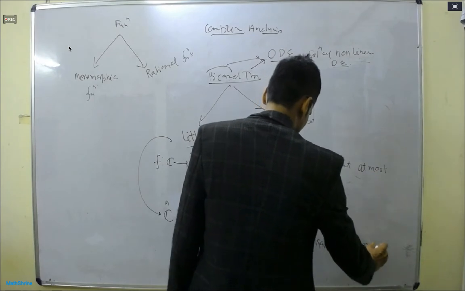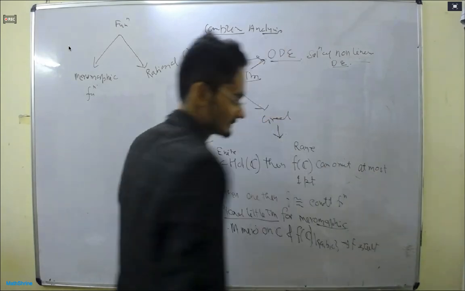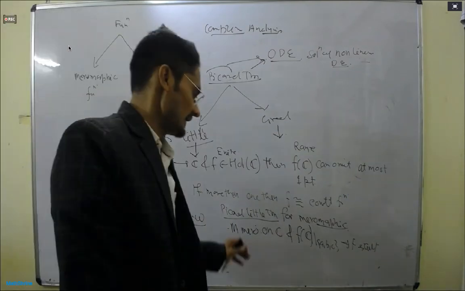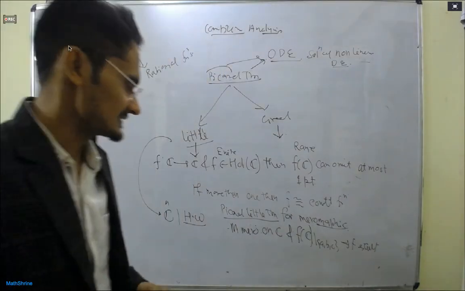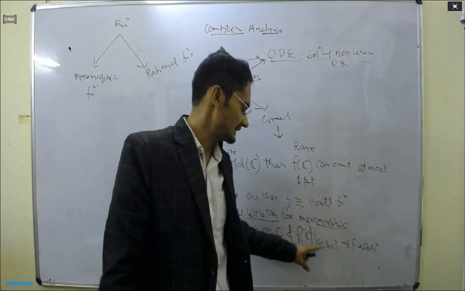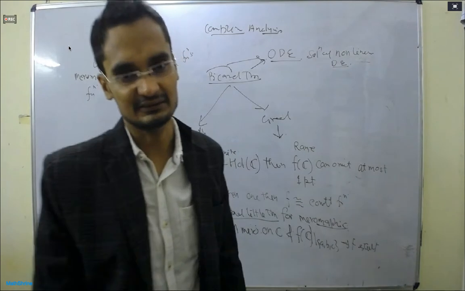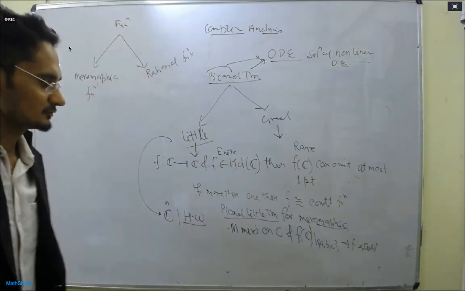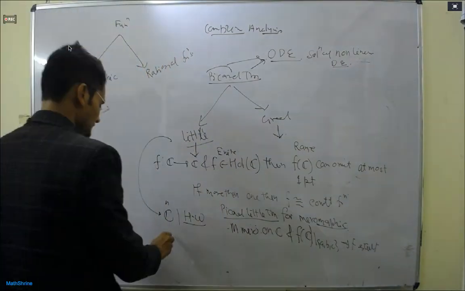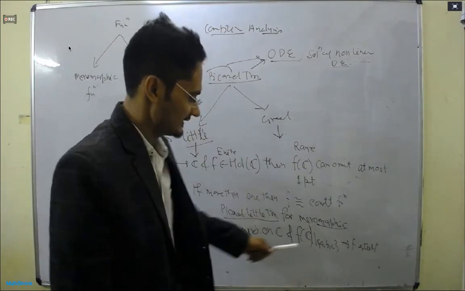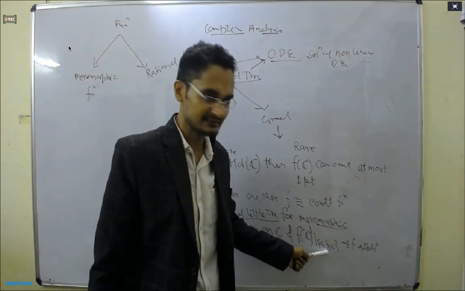I will tell you later what meromorphic functions are. Any meromorphic function omitting 3 points implies that f must be constant. For you, again one homework: let me know why 3 points is essential here. There is one difference, if you notice.